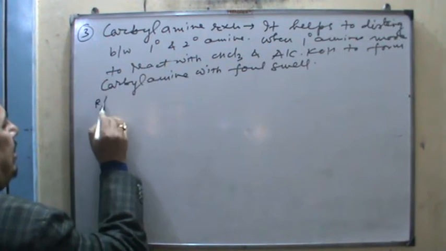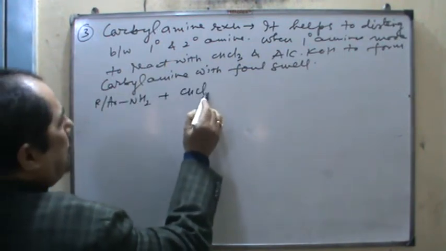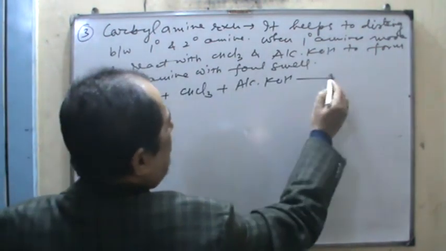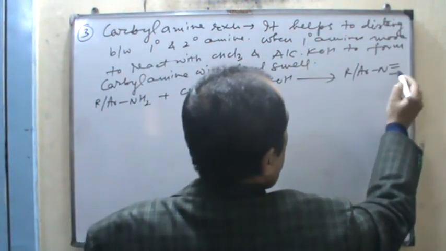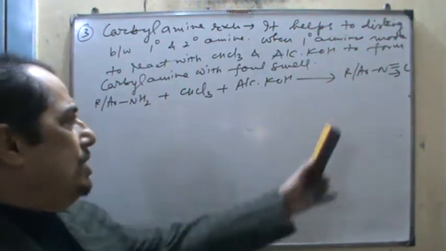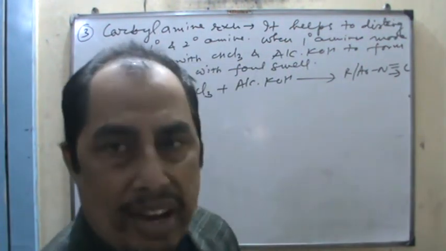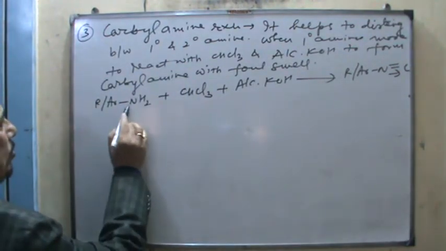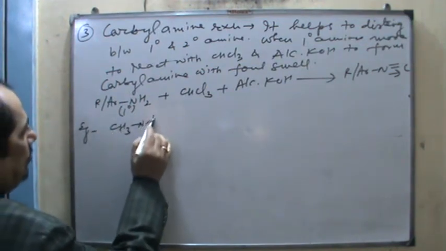If I take R-NH2 plus chloroform plus alcoholic KOH, then it gives R-N double bond and coordinate bond C. It is carbylamine or isocyanide or isonitrile. Now it can be either aliphatic or aromatic. I take for example methylamine.